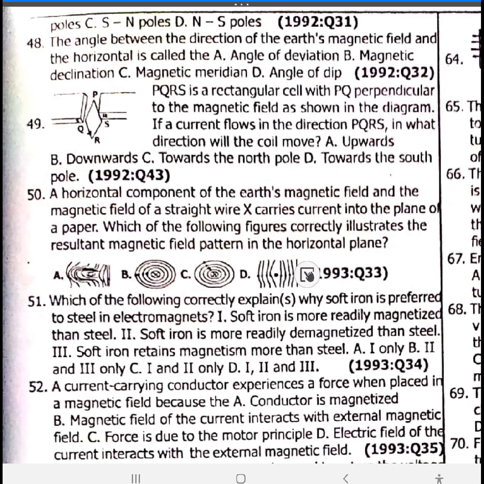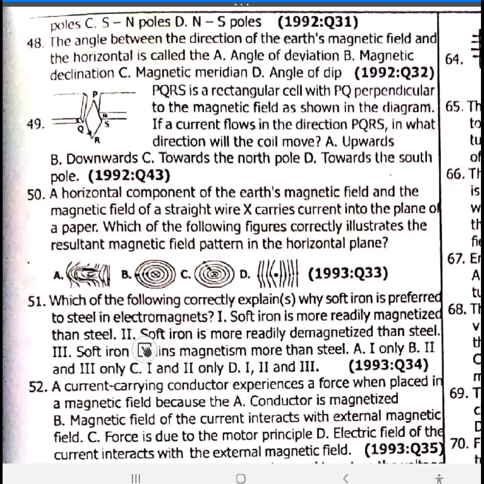51. These diagrams are poor, but you have similar things in your textbooks. Which of the following correctly explains why soft iron is preferred to steel in magnetism? Please write: steel does not magnetize easily, and it retains its magnetization for a much longer time.